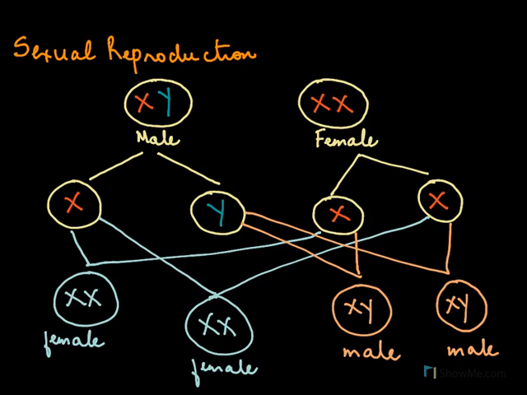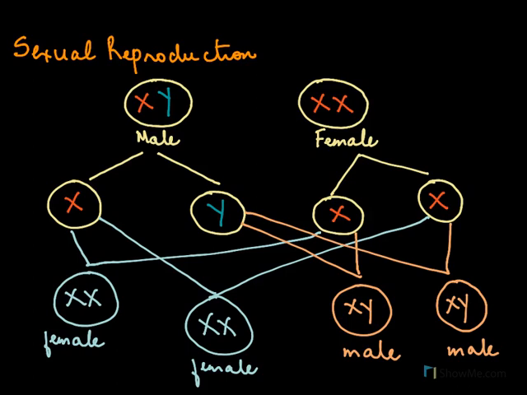We have the egg is only X. So here the egg is just of one type, and it's just X. If a sperm that is X fertilizes the egg, then what you will get is XX, which is a female.